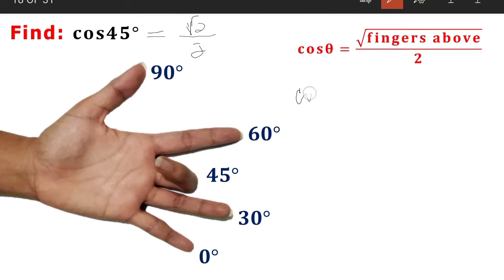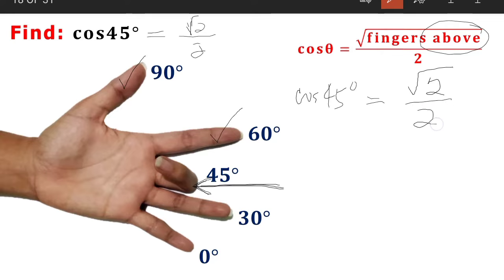So we write here cosine 45 degrees equals, where is your 45 degrees? This is your middle finger. So you have to fold your middle finger and then count the fingers above this 45 degrees. So how many fingers do we have? 1, 2. So we will write here square root of 2 and copy all over 2. So cosine 45 degrees is square root of 2 over 2. So we arrive at the same answer.